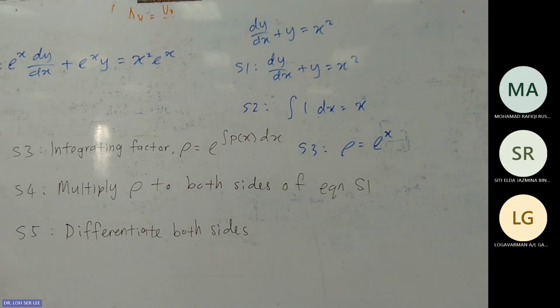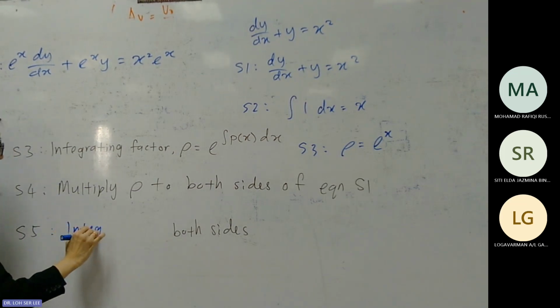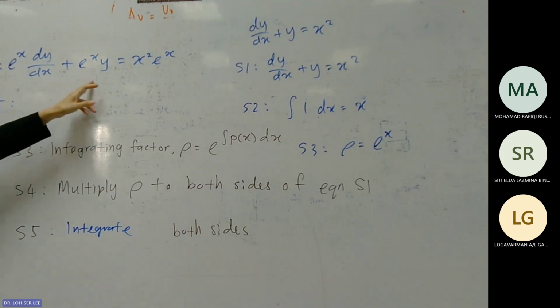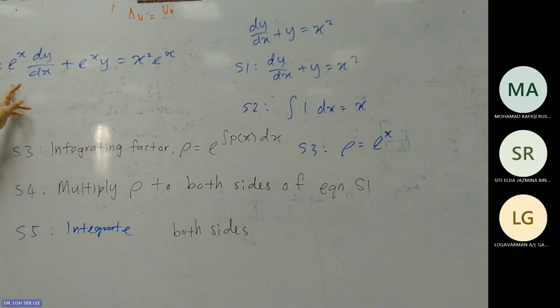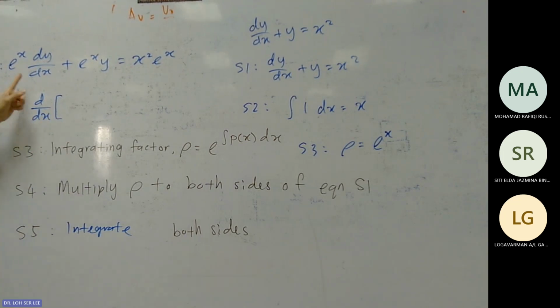Then step 5, we need to integrate, not differentiate. Sorry, integrate, not differentiate. So step 5, we need to integrate this. If you want to integrate this function, there is a simpler way to combine these two.